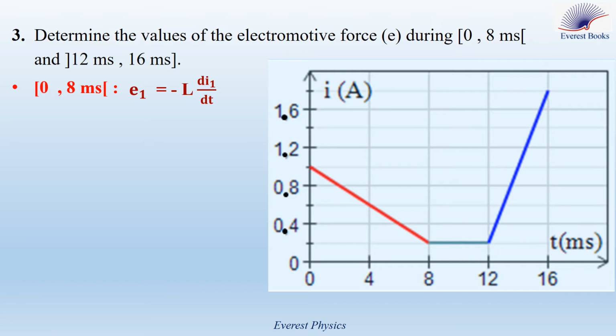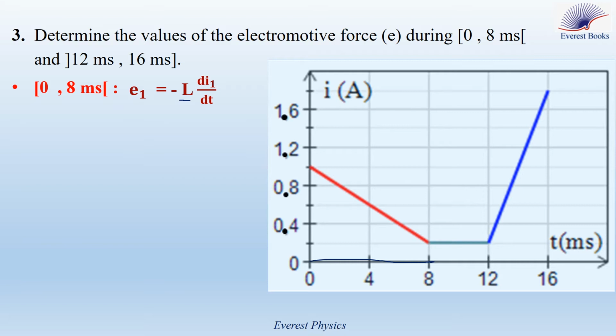Now, L is given, but we need to determine the time derivative of the current in this time interval. Look at the curve. In the time interval 0-8 milliseconds, the current decreases linearly with time, so the time derivative of the current is equal to the slope of the straight line.